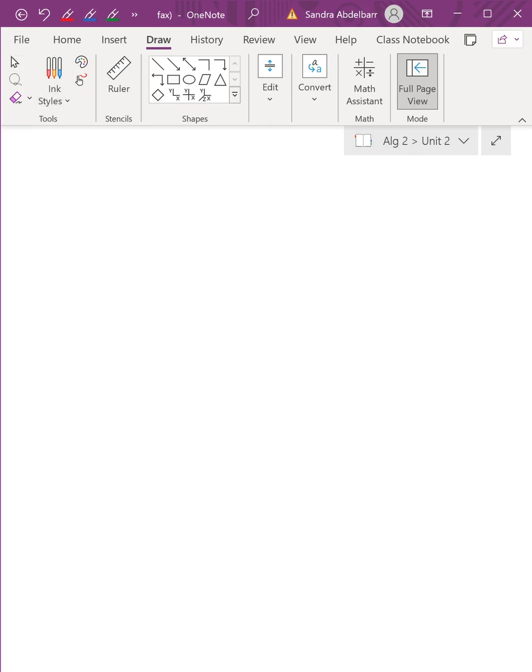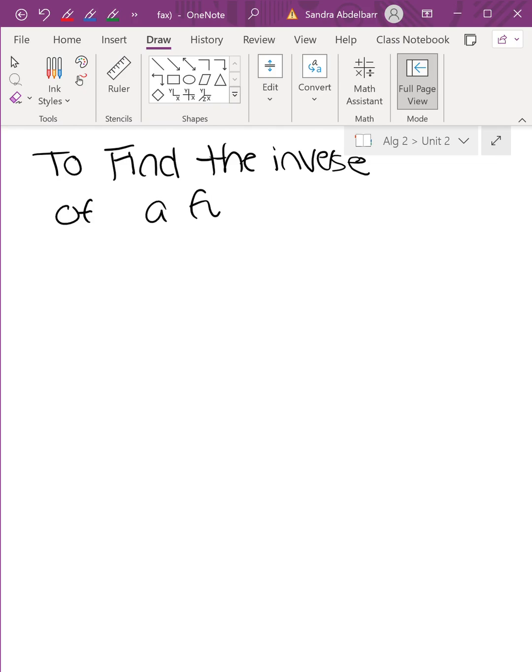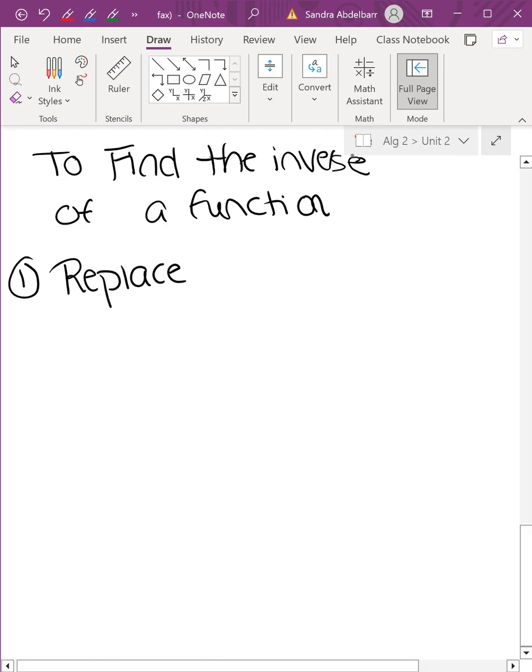Okay, so now let's figure out how are we going to find the inverse of a function algebraically? Because there's no way we're sitting here plotting all these points and just switching x and y. That's not realistic. So what are we going to do? To find the inverse of a function, first, replace f of x with y.